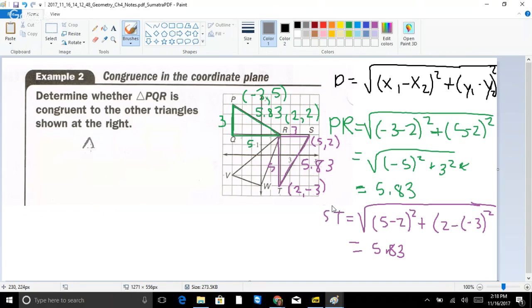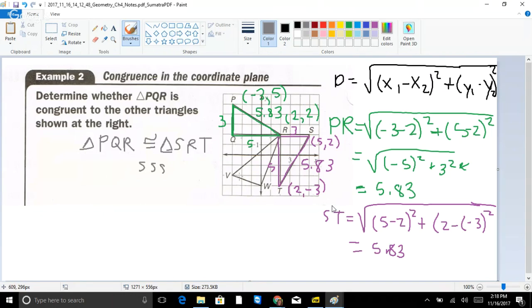So triangle PQR is congruent to, and then we have to match up our sides, SRT because of the side postulate.